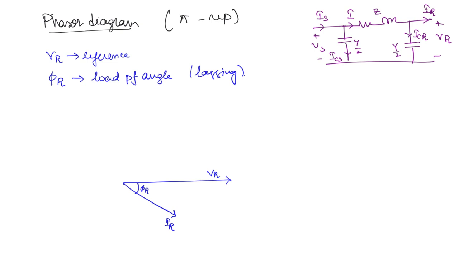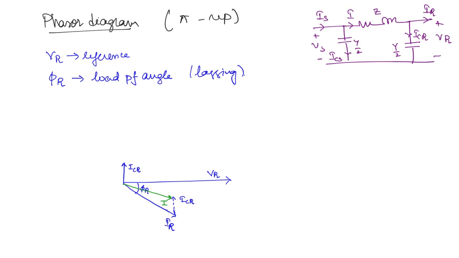So here you are going to have the current at a 90 degrees angle with respect to VR. So this is ICR. Then the phasor sum of IR and ICR is going to give you I.